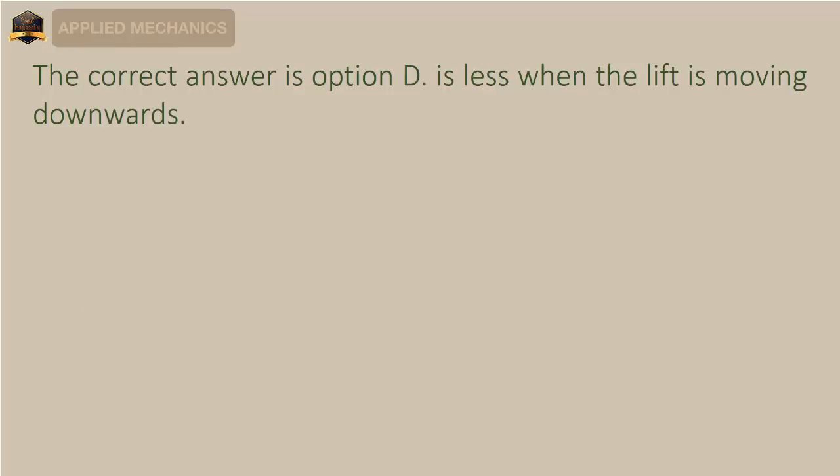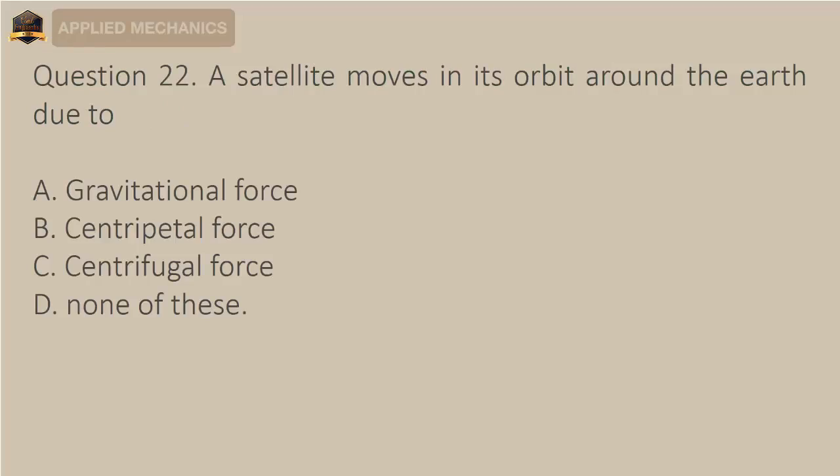Question 22. A satellite moves in its orbit around the Earth due to A. gravitational force. B. centripetal force. C. centrifugal force. D. none of these. The correct answer is option B, centripetal force.